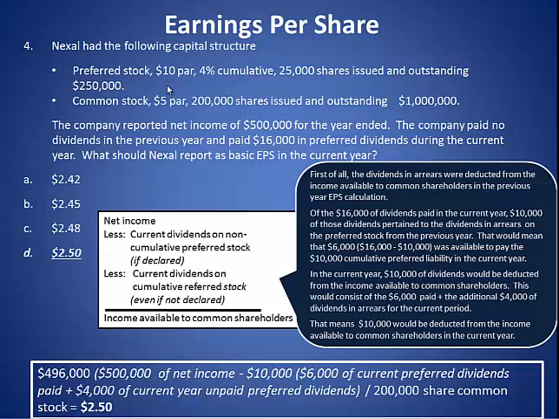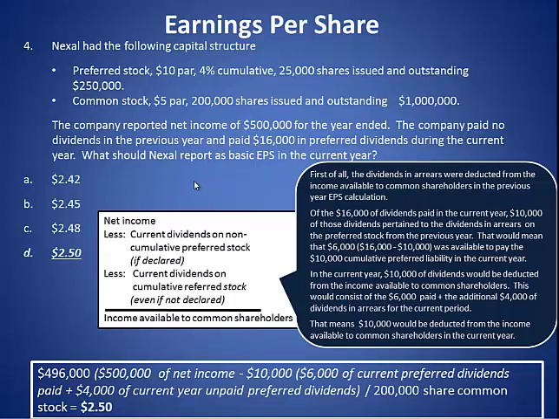Nowhere does it say it's convertible, so we don't have to do anything in terms of conversion with the denominator. Now let's take a look at the income that would be available to common shareholders in this case. First of all, the dividends in arrears were deducted from the income available to common shareholders in the previous year's calculations.